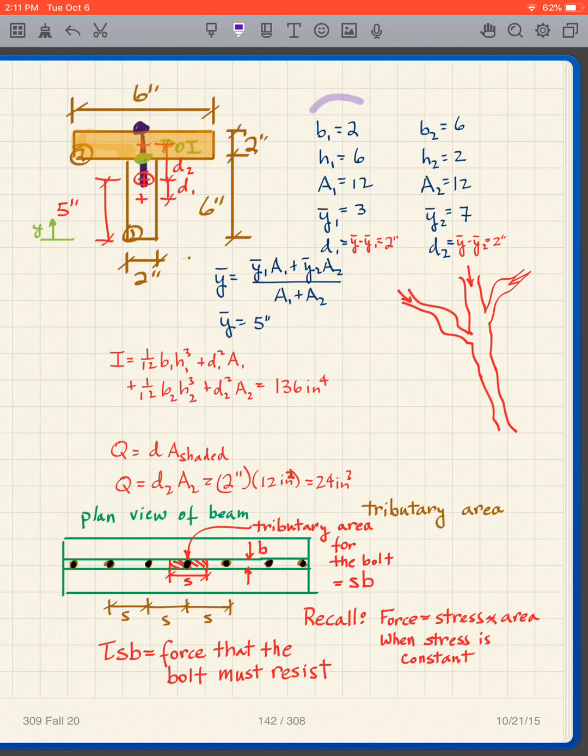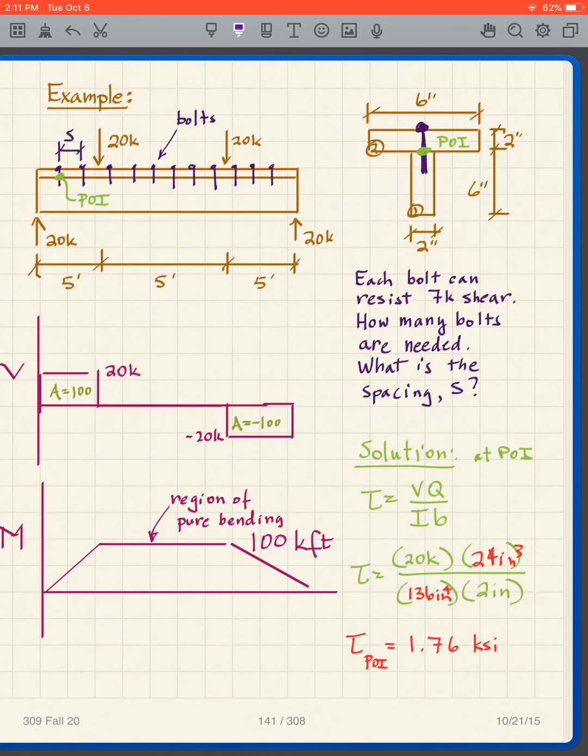I'm going to let you pause the video to figure out what the y bar is. And the I, I'm not going to go through this again. Okay, so we have our y bar and I. So the I goes there. So we found the V and the I.